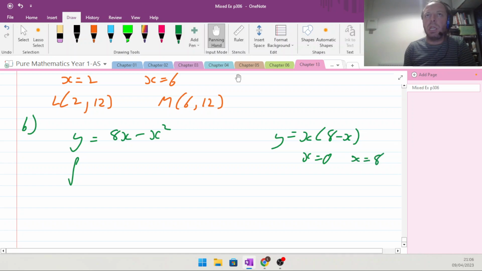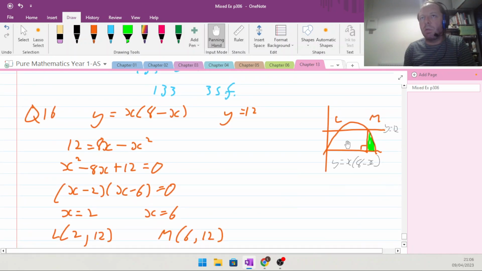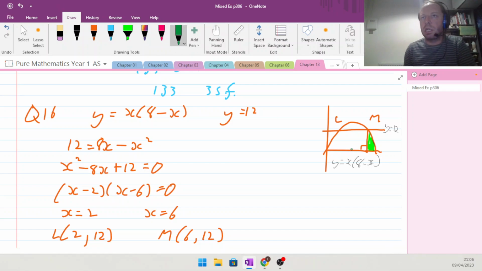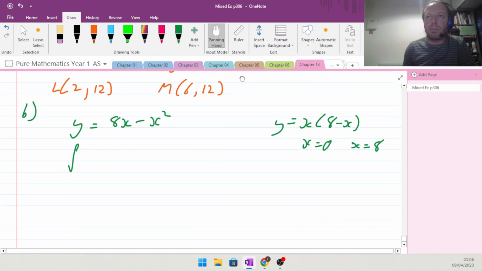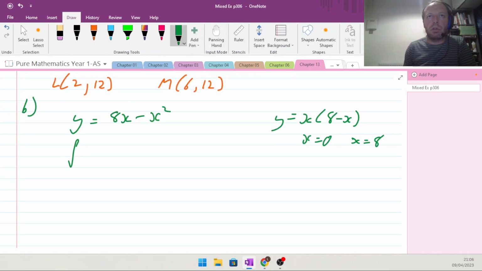So this point here, where it's coming back down, is 8, and this point here is the 6. So we are going to integrate between 8 and 6 of 8x minus x squared dx.